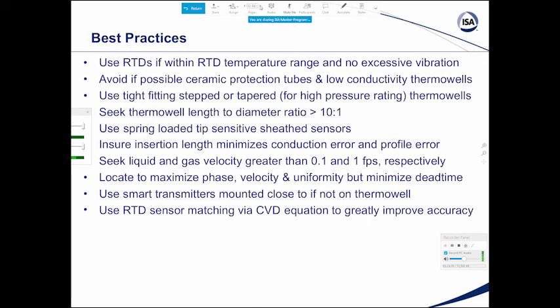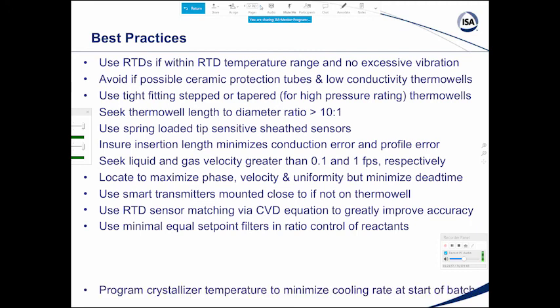And now to say that some of the smarter input cards do allow you to enter coefficients individually for a sensor. It used to be you could only get that through a transmitter. Use minimal set point filters and ratio control of reactants, particularly when you're changing production rates.